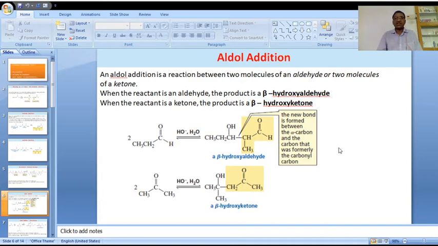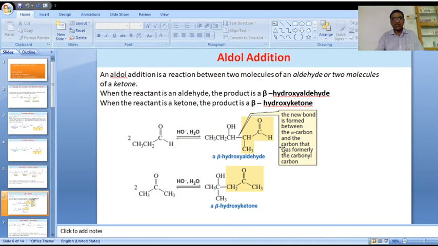In the name of the reaction itself, aldol, there are two functional groups present: aldehyde and alcohol. Please observe, aldol, aldehyde and alcohol functional groups, a compound containing both functional groups.